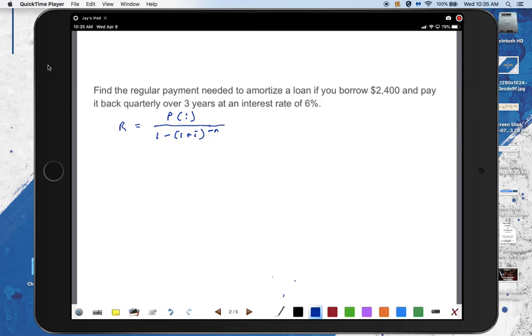All right, so let's break this formula down and figure out what each of these things really means. So the R is the regular payment, and 99 times out of 100, that's what you're going to be finding here. P is the principal, and that is the amount you borrow.